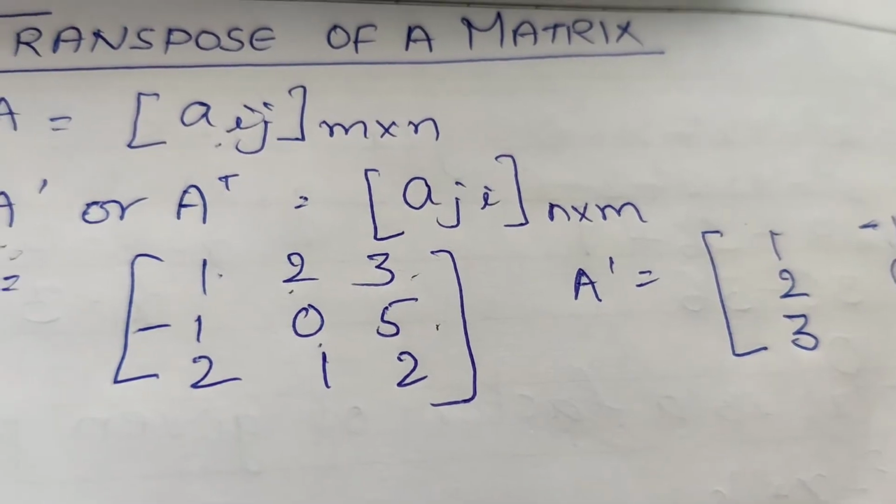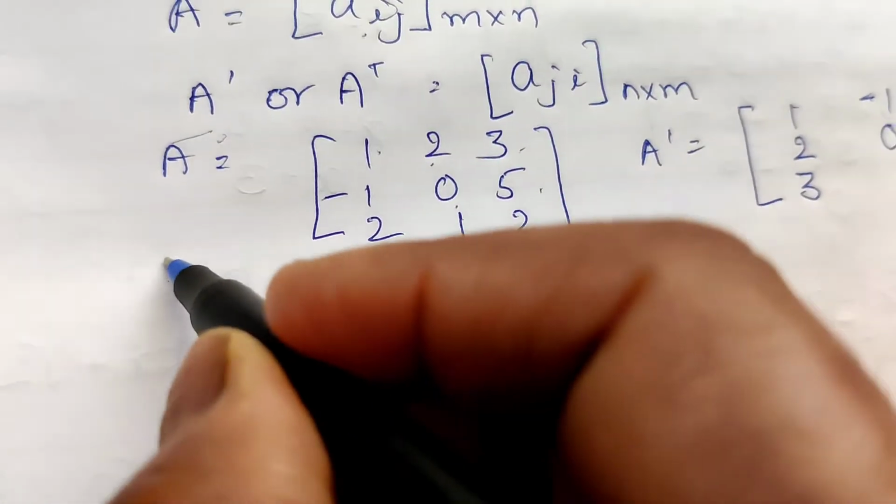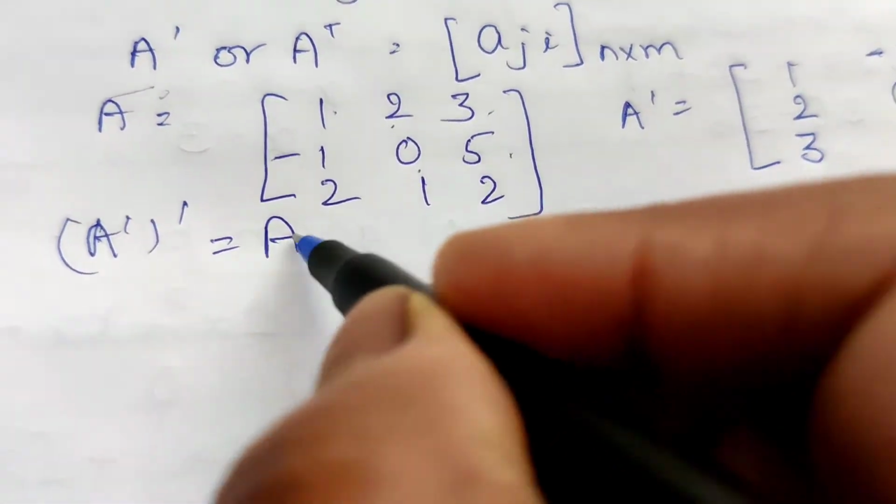Properties of transpose of a matrix. The first property is the transpose of the transpose equals the matrix itself.